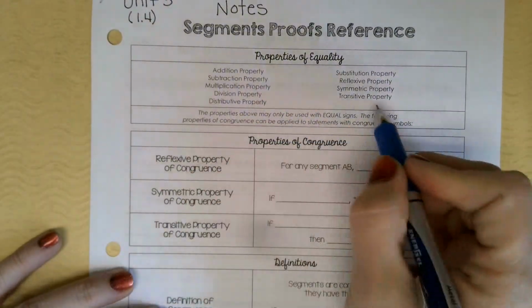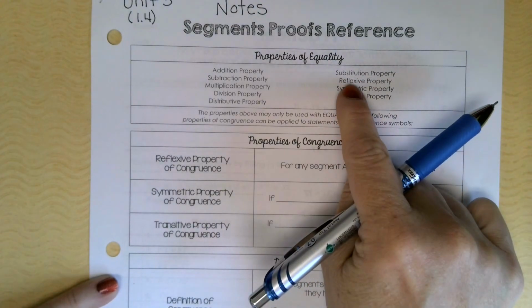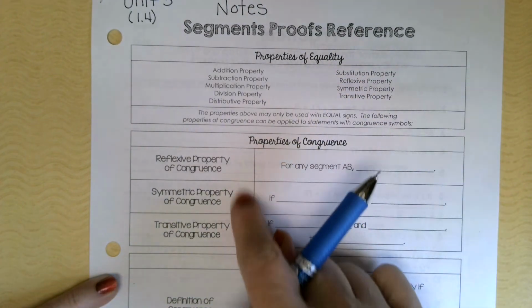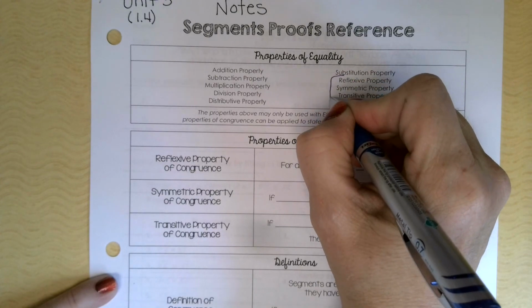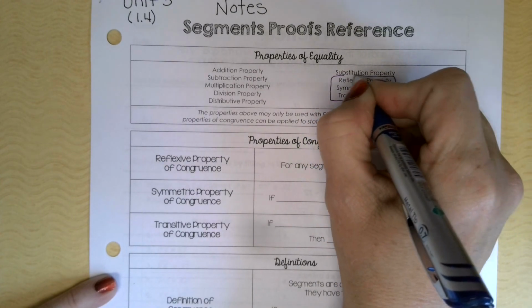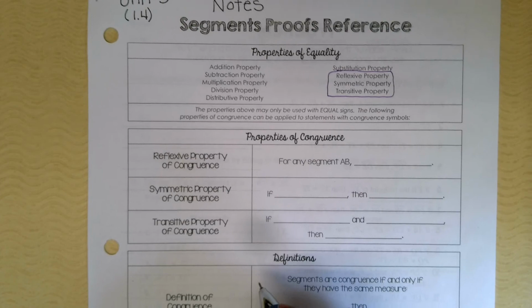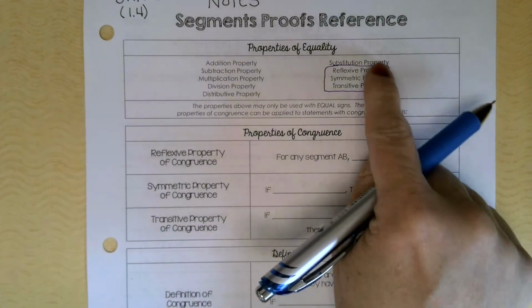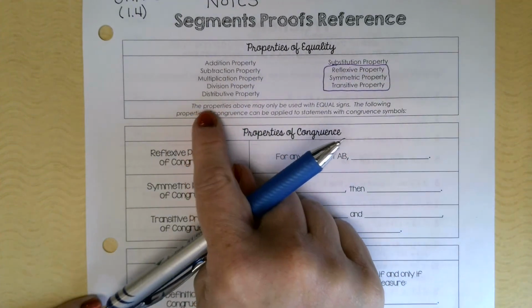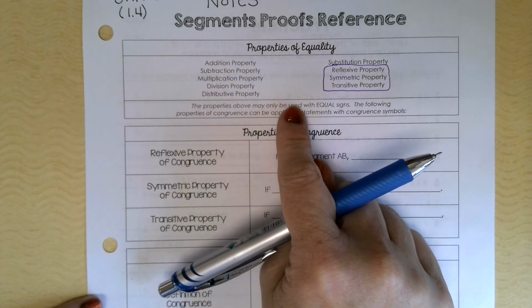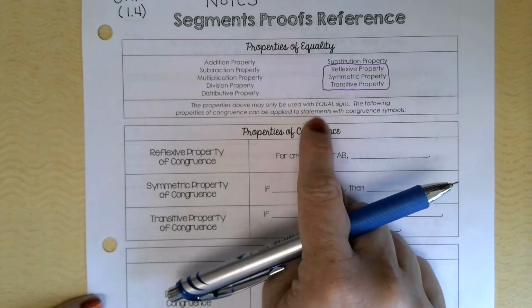First of all, these are the properties that we've had already. The reflexive, symmetric, and transitive, we're going to cover those again right here. So make sure you know the difference, since these are the ones that you've been having trouble with getting mixed up. All of these up here are the properties of equality because they have equal signs in the problems.